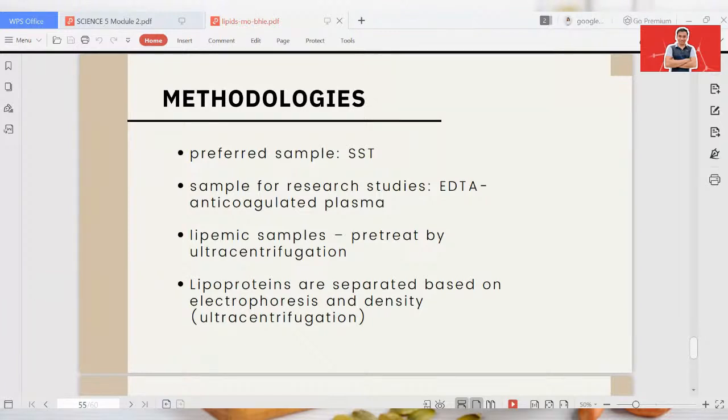So, for the ultracentrifugation, ultracentrifugation is used to clarify lipemic samples in the chemistry lab as centrifugation at very high relative centrifugal force that will cause sedimentation of large particles. Lipoproteins are separated based on electrophoresis and density.